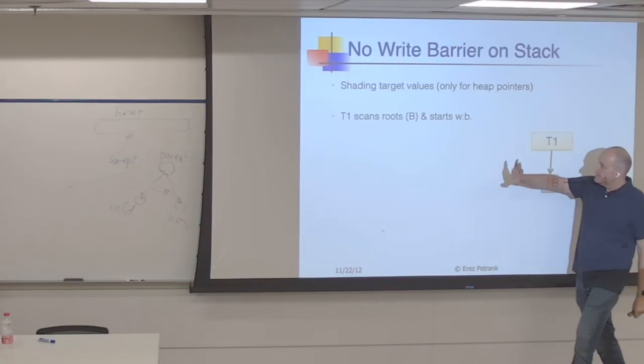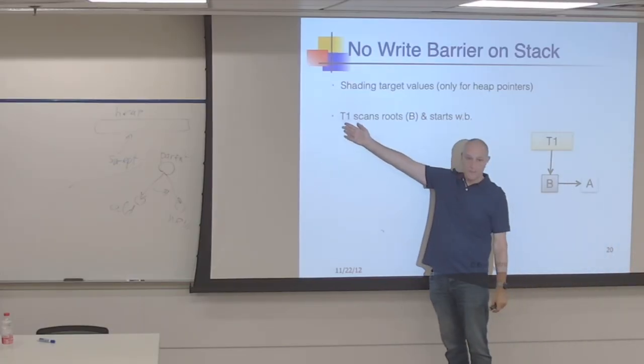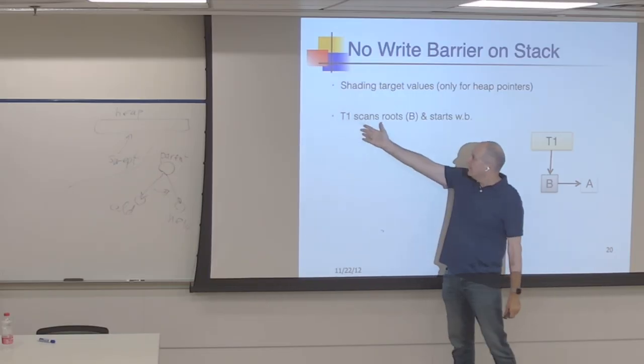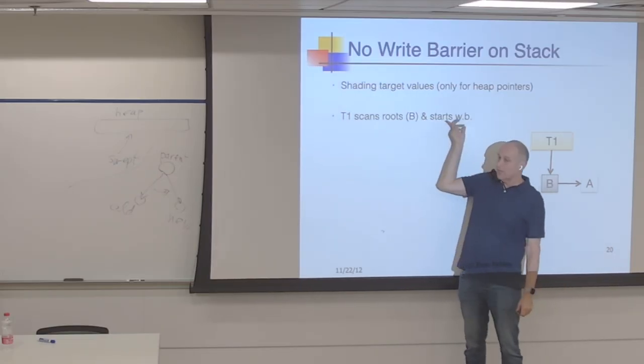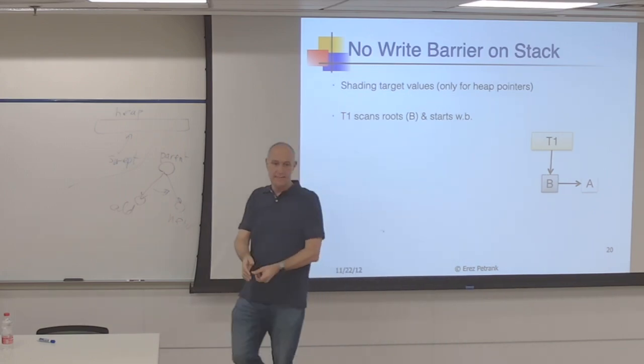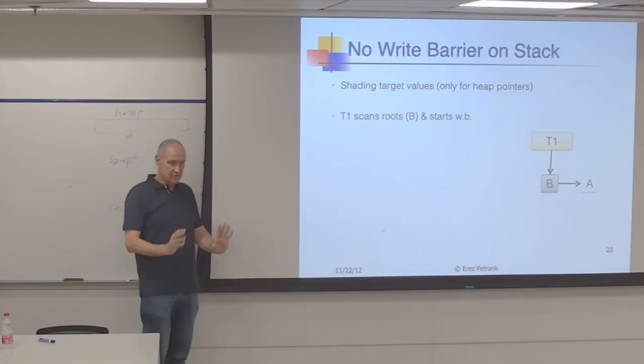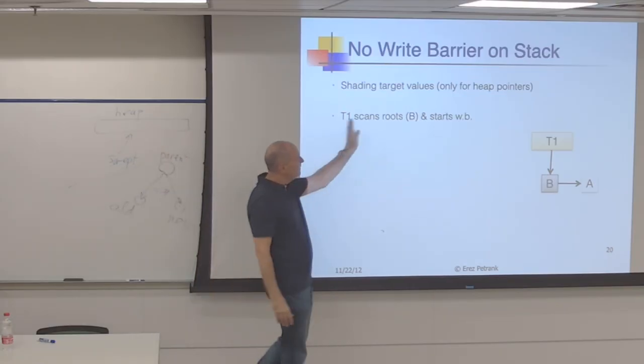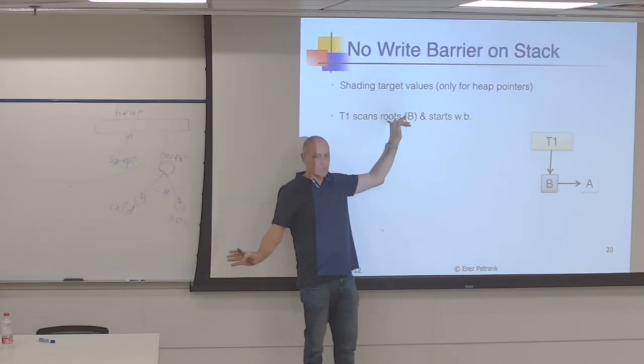So suppose at some point there's a thread T1, and it scans the roots and starts the write barrier. This is when it responds to the collector that marking is starting. T1 says, I'm responding, I'm not in the middle of a write. You can start the marking.